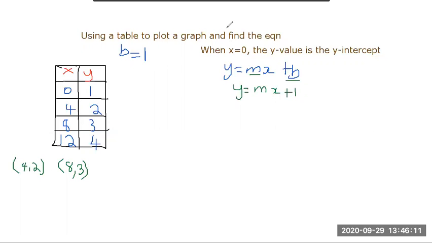Then I'm going to label x1, y1, x2, y2. Let me write my formula in before I forget. M is equal to y2 minus y1 divided by x2 minus x1.